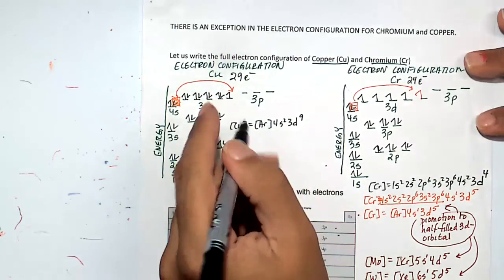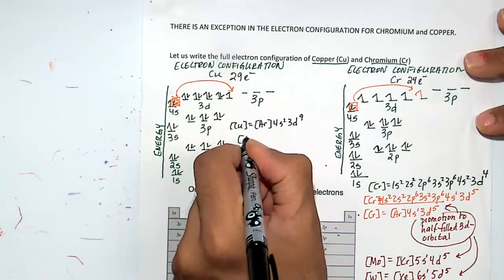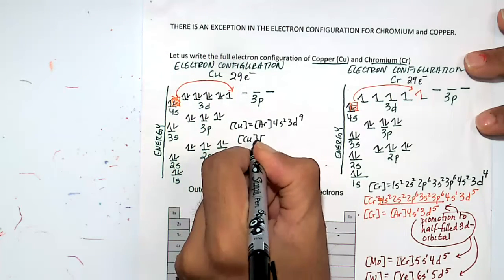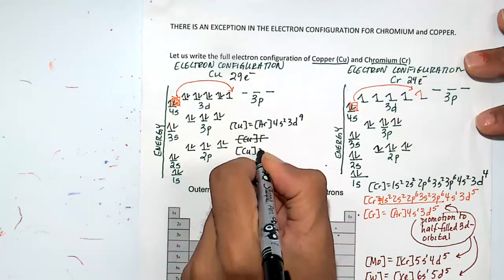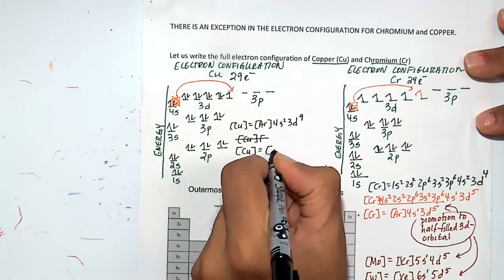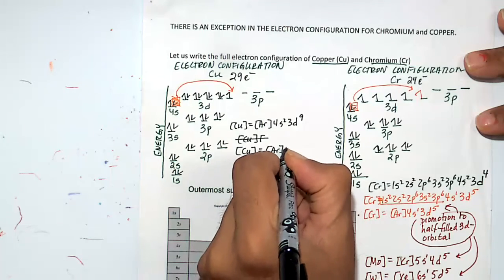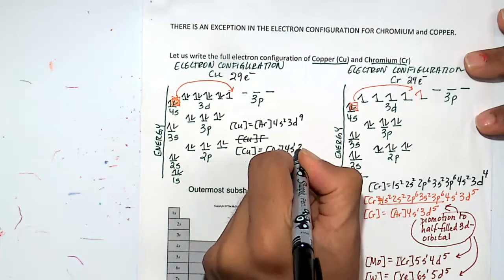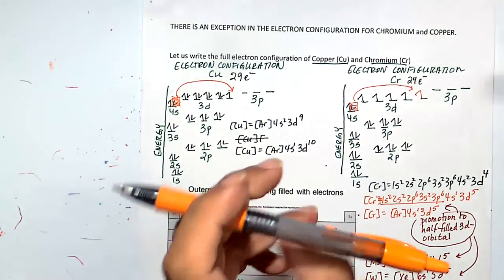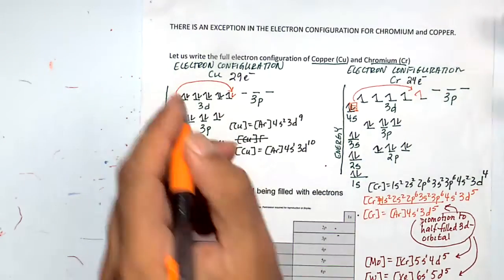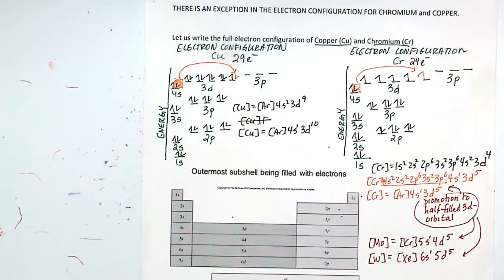So the electron configuration of copper is actually argon 4s1 3d10. Again, we have a promotion. This just happens by itself. A promotion to a completely filled 3d orbital.